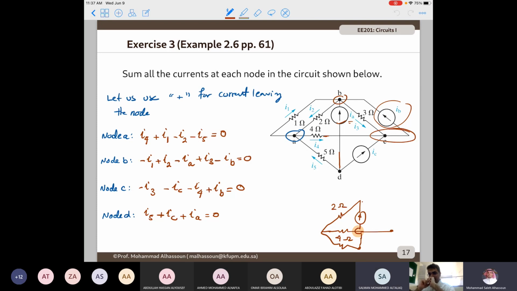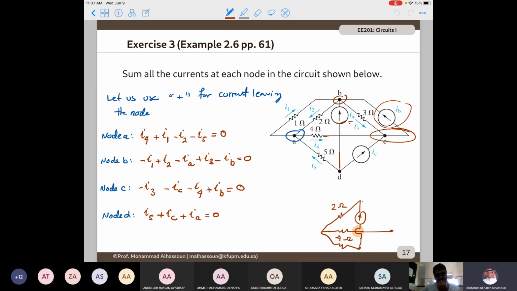Okay. Here's the thing. I5 is an assumption, right? Yes. We assume that the direction of the current is leaving that node. If we solve for it and have all the needed values, we'll see that I5 is actually negative, which means I5 is entering the node.